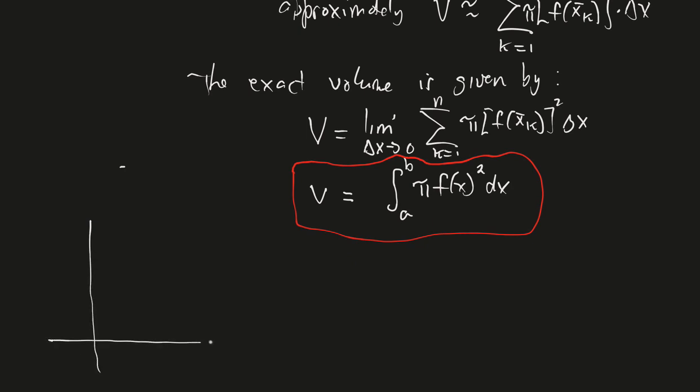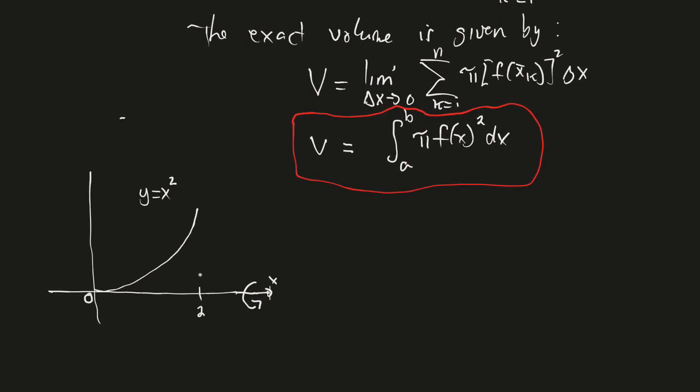We said take the function y equals x squared from x equals 0 to x equals 2, and then revolve this region around the x-axis and form this trumpet-like solid, right? And again, you don't have to be able to sketch this. I mean, sometimes I struggle to sketch these things.